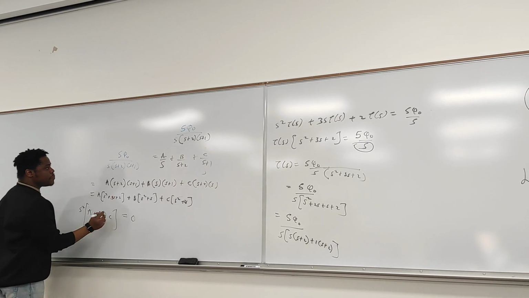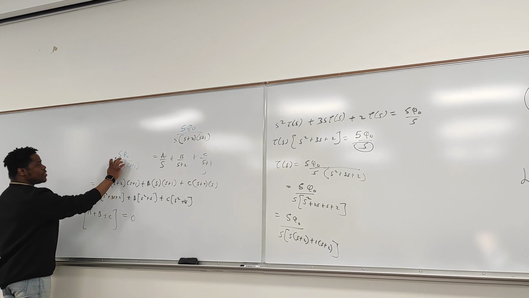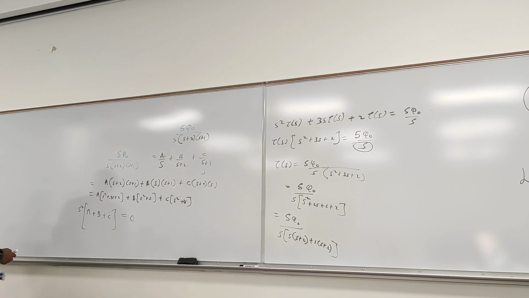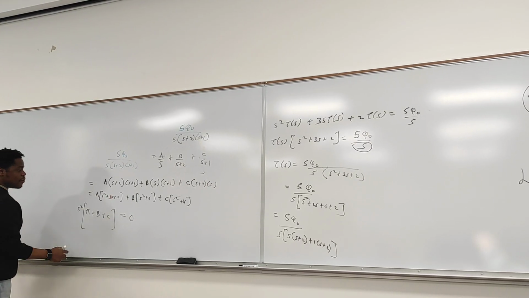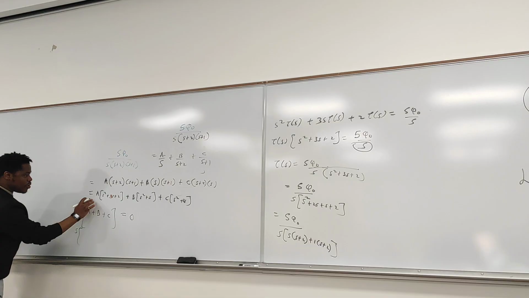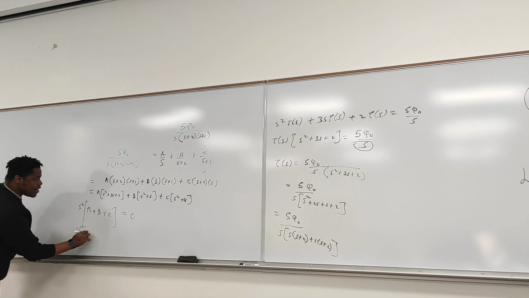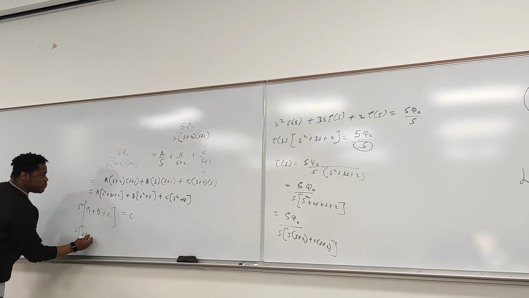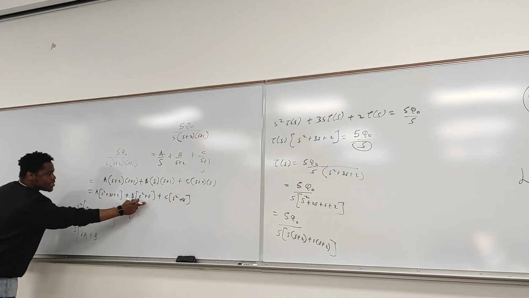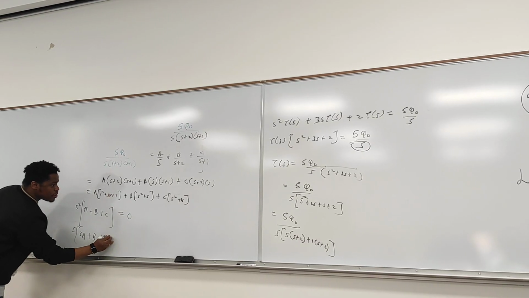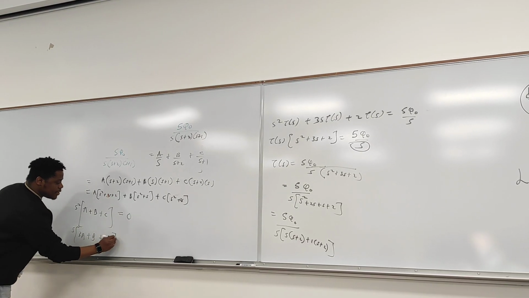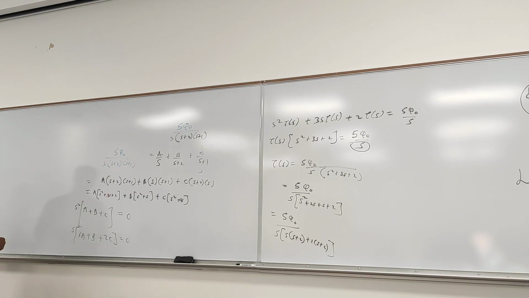And that would be 0 because this does not have S squared. This is just 5Q naught. Let's do S. If we do S, that would be 3A plus 3 plus B, which is BS here, then plus 2C. That would also be 0 because we don't have S yet.